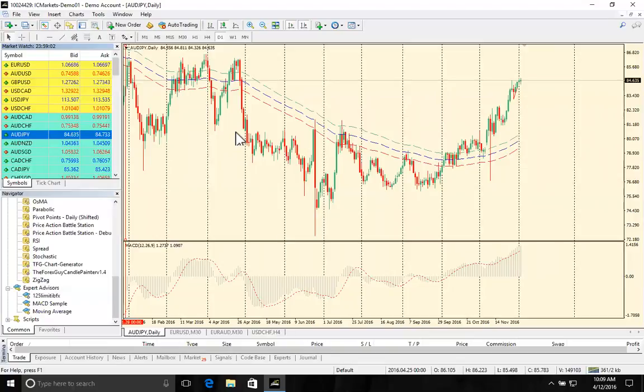So the buy signal is close to after 21 October, somewhere close to 10 November or something, where the histogram goes over the red line.